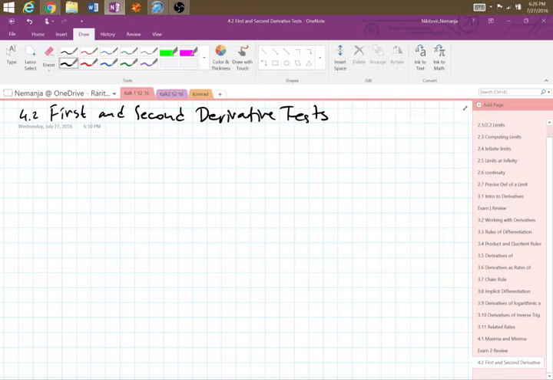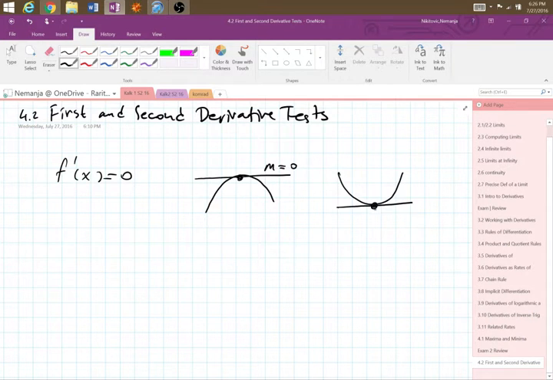So what we said earlier is that if you set the first derivative equal to 0, which means that you are forcing the slope of the tangent line to be horizontal, right? Horizontal lines have the slope of 0. In that case, you are detecting either a minimum or a maximum. So both slopes in this case are 0. So the tangent line slope is 0.